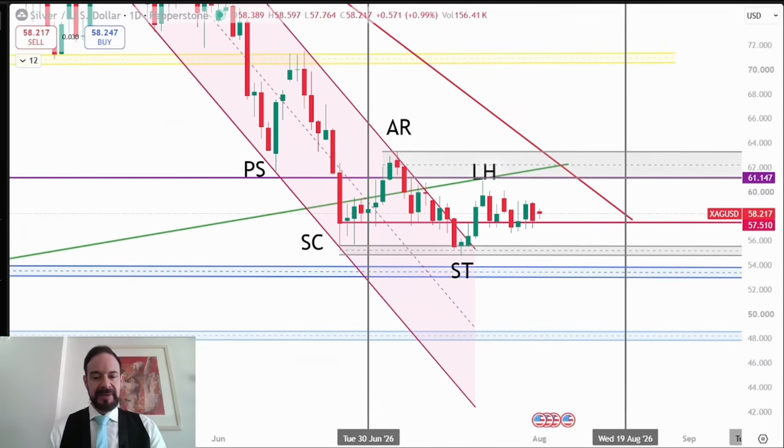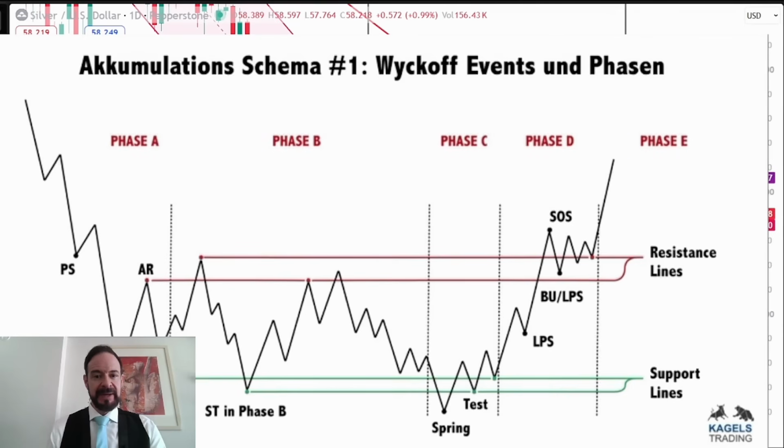And as you can see, if I pull back the graphic real quick, you see that the support zone and the resistance zone, the red zone called resistance lines here, and then the support lines called green down at the bottom, they're made up by the AR zone and the SCST zone.